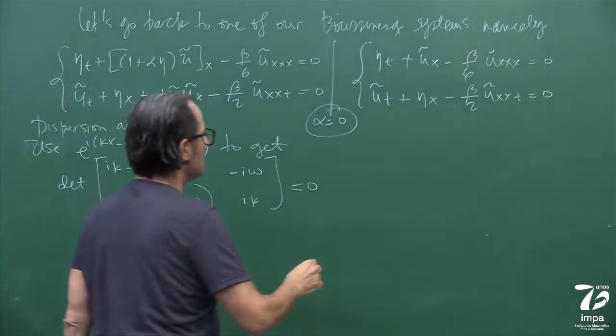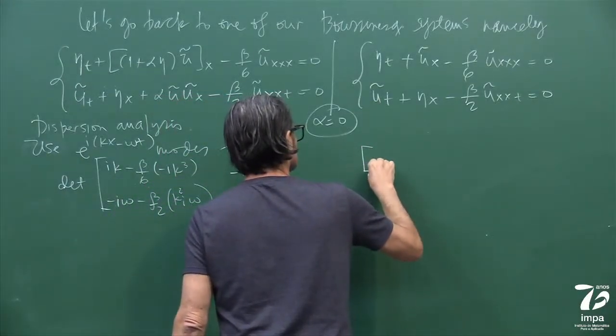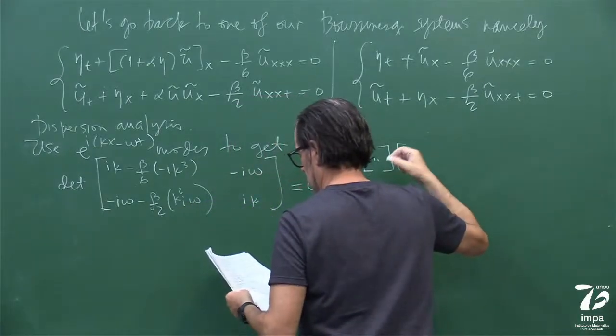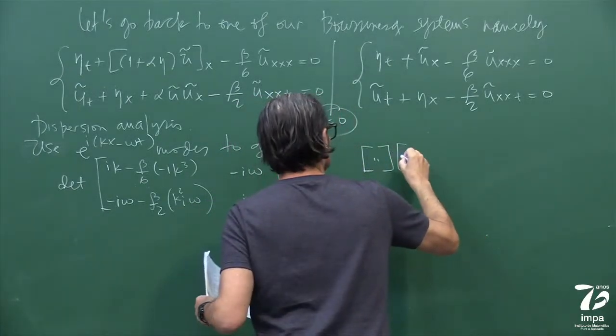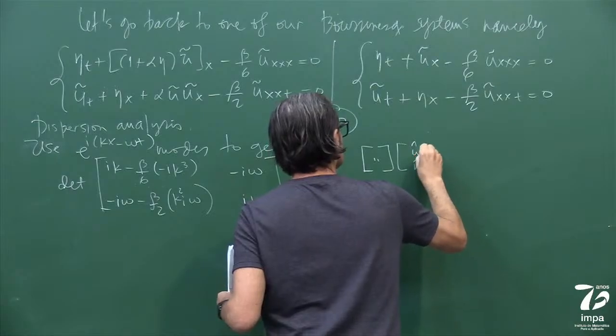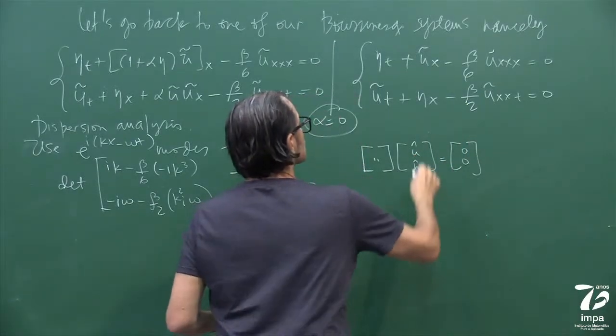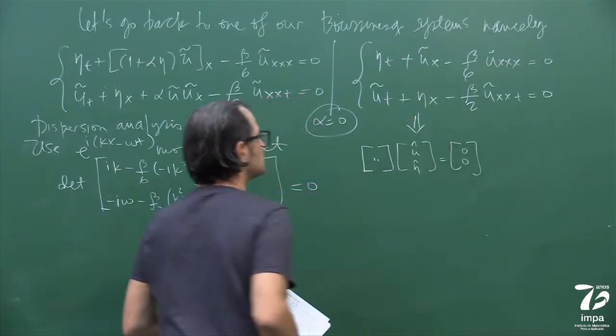Let me just remind you, basically what we're solving is a system with, I think, u hat, eta hat, which equals 0. So this guy gives us this.